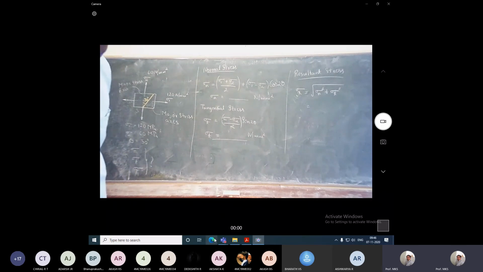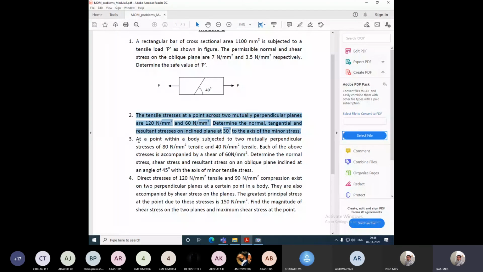So next, we'll solve a problem on the third derivation that we did, with biaxial stress along with shear. Note down this third question.